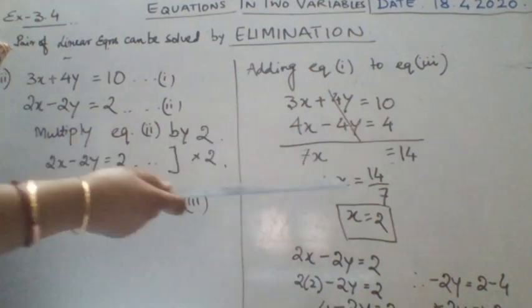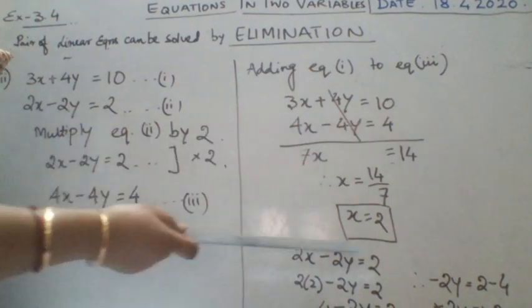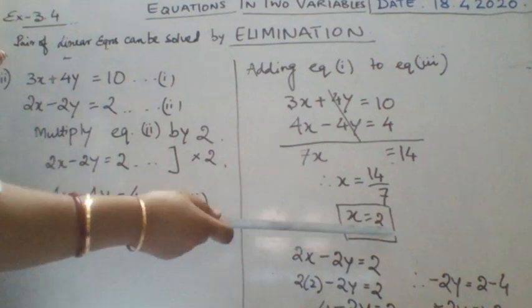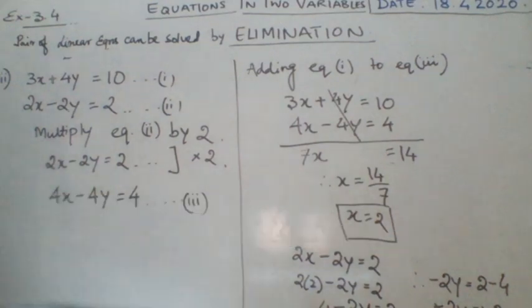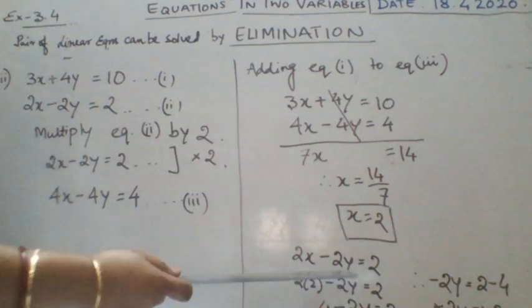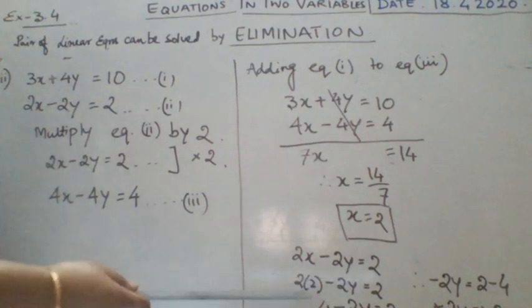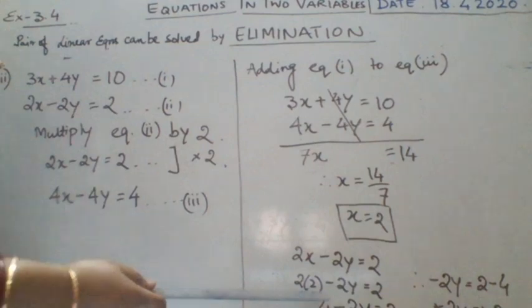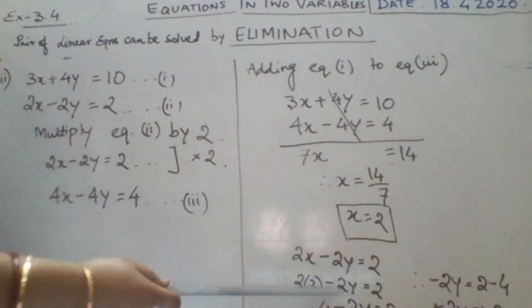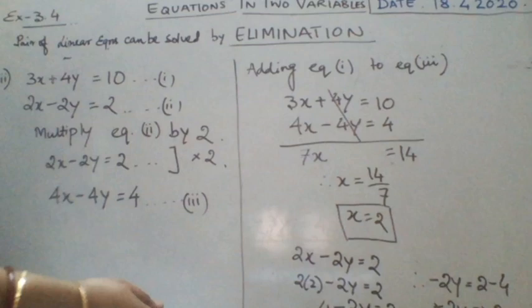Now we substitute this value of 2 in any one of the equations. We have taken the second one, so 2x minus 2y equal to 2. So 2 into 2, this is the value of x so obtained, minus 2y equal to 2. So 4 minus 2y equal to 2. Minus 2y, 4 taken to the other side, 2 minus 4.